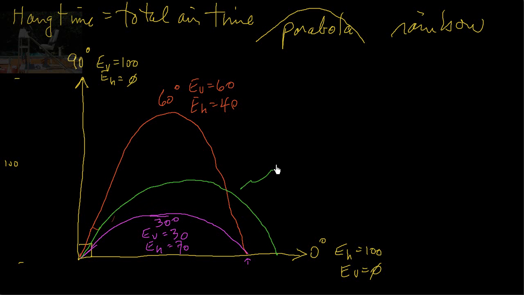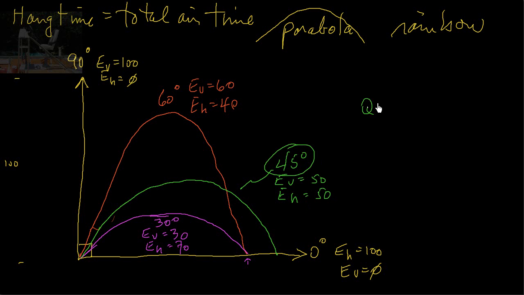And this one we can label as 45 degrees, and it has energy in the vertical of 50 units and energy in the horizontal of 50 units. Now neither direction is the winner, but both make a strong contribution in both directions. And clearly the best launch angle for maximum distance is 45 degrees.